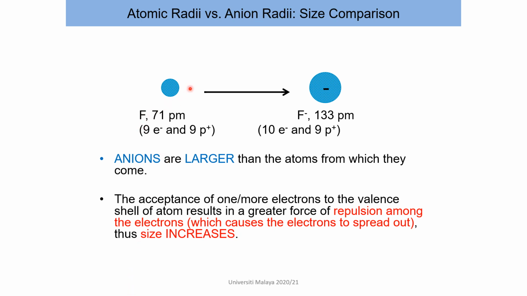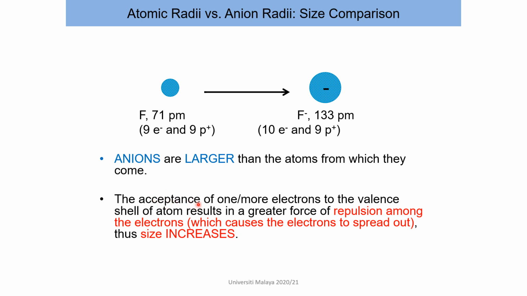Now look at the comparison between the fluorine atom and the fluoride ion. Okay, so anions are larger than the atoms from which they come. Fluorine has 9 electrons and 9 protons, and the fluoride ion has an additional electron, so 10 total electrons and still 9 protons.